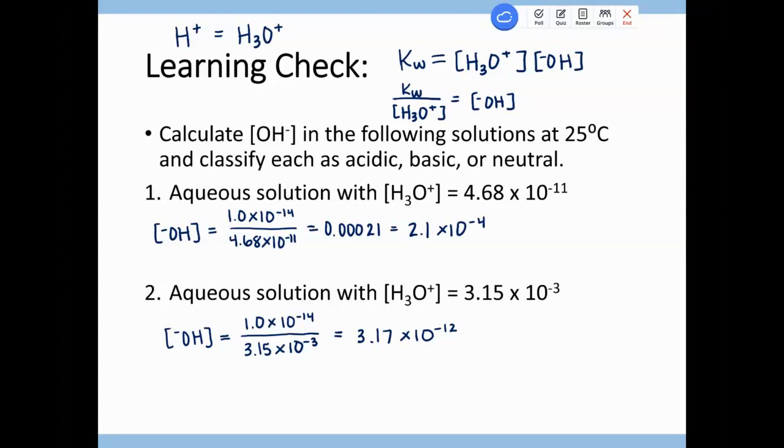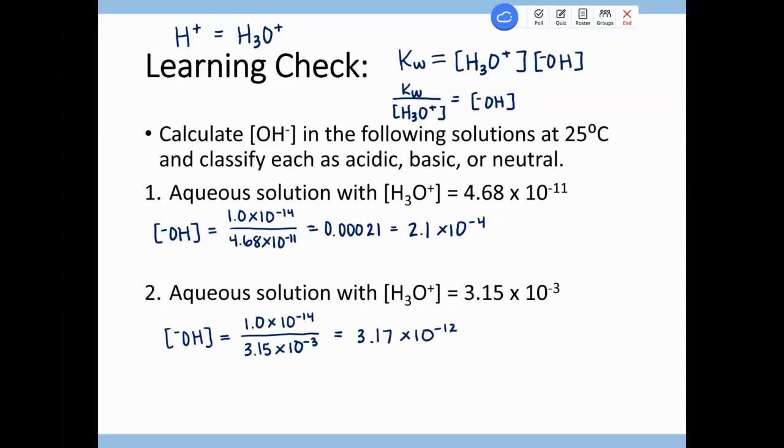So acids increase H3O plus concentration. Bases increase OH minus concentration. You can make an acidic solution by adding acid to it. When you add acid, like HCl, the H3O plus concentration increases.